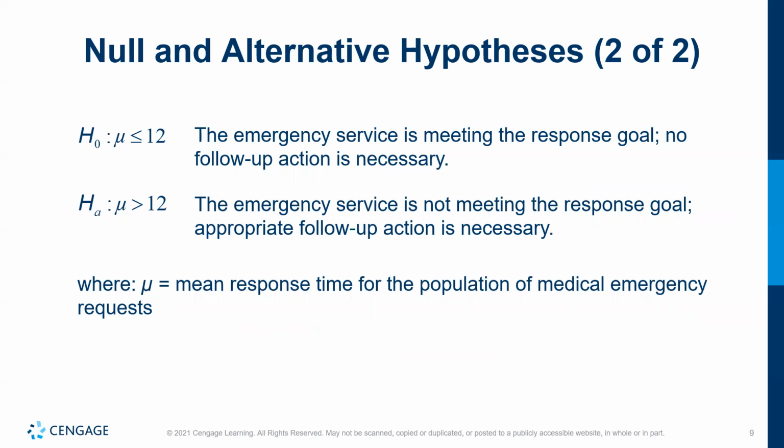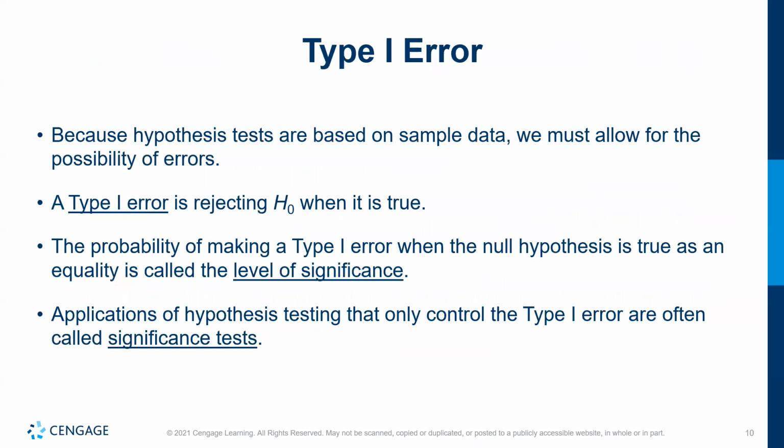there's our hypotheses, okay? One more thing before we get into how to do this, there's a couple of errors that we want to try to avoid when we're doing hypothesis testing. The first is called type 1 error, and that's an error that is based on rejecting the null hypothesis when it's true. The probability of making a type 1 error is called the level of significance.